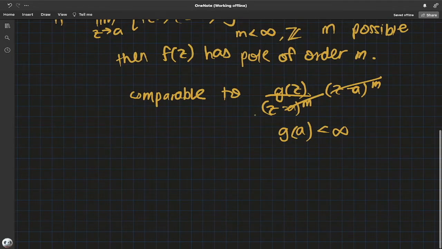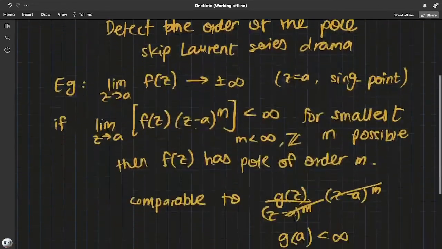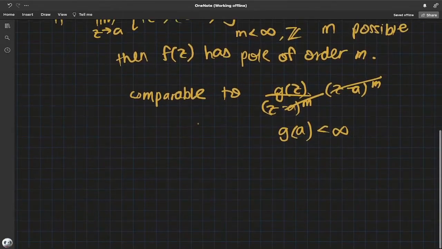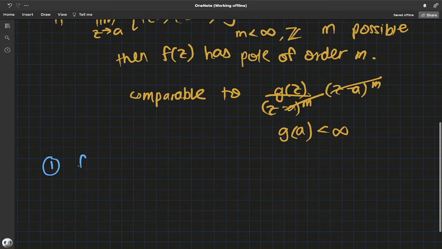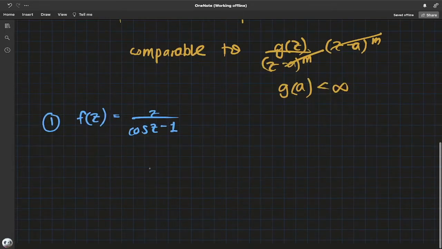So what I can do is give you a few examples to make it clear how this mechanism works. Okay, example 1, f of z is z over cosine of z minus 1.